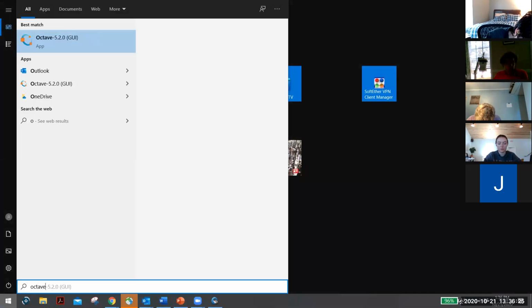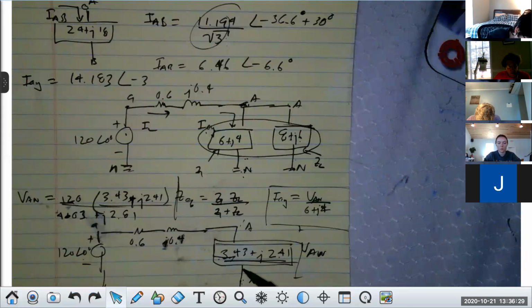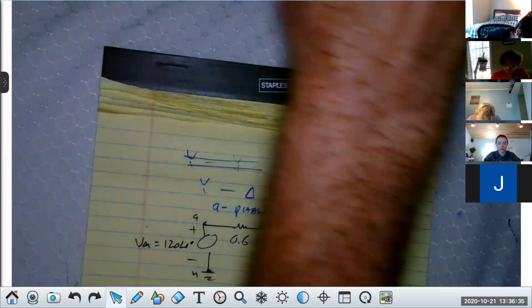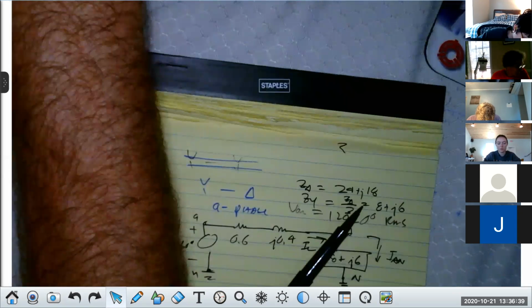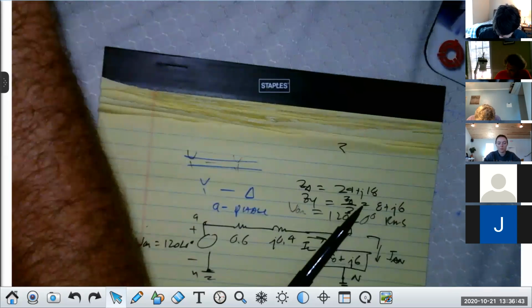Somebody confirm that this is the right answer right there. When I did it, that's the answer I got as well. I appreciate that. That tells me at least it's right. Now let me see where the problem is, if there is a problem.